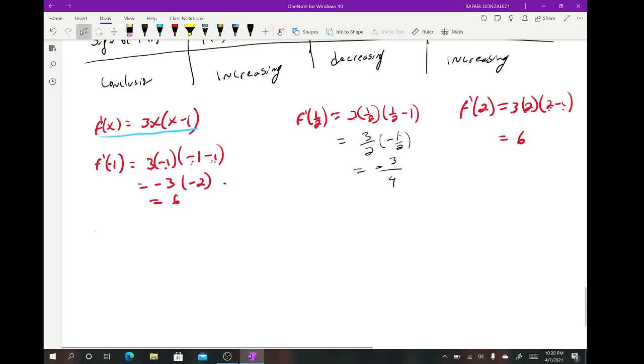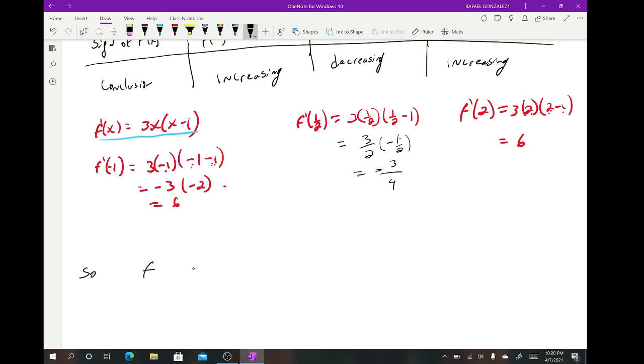So now we can say that the function f is increasing on the intervals minus infinity to 0, and actually, yeah, I could say it together.